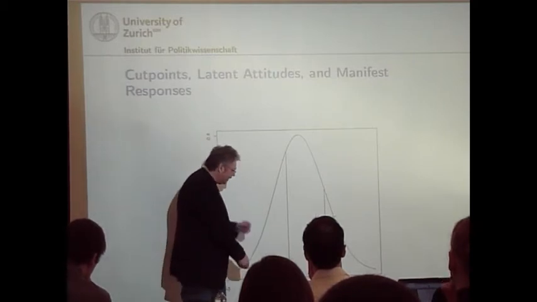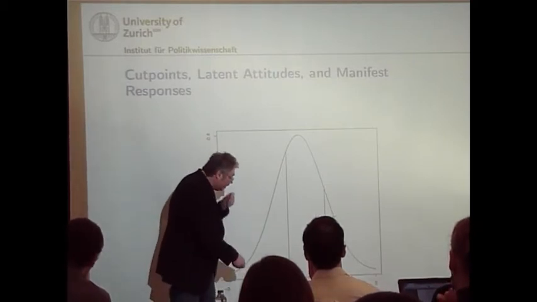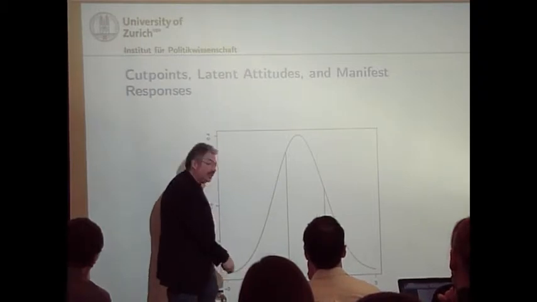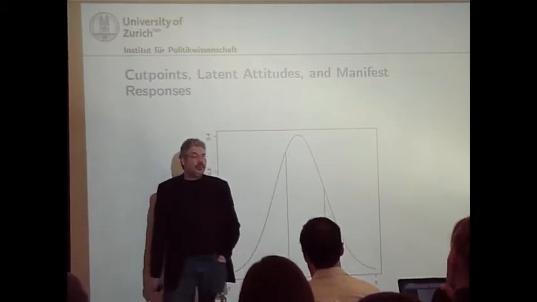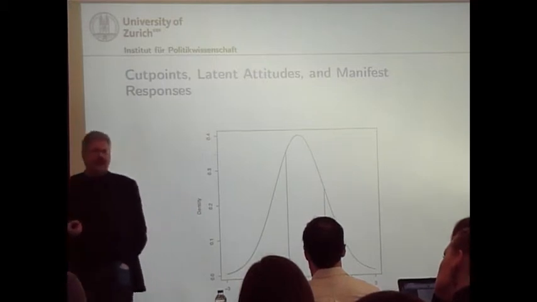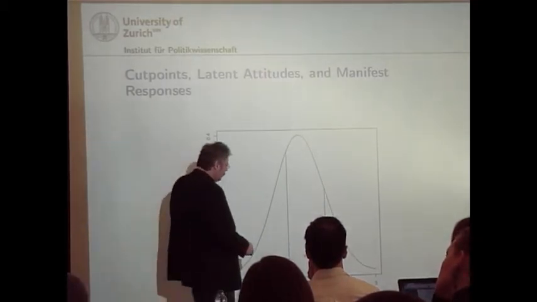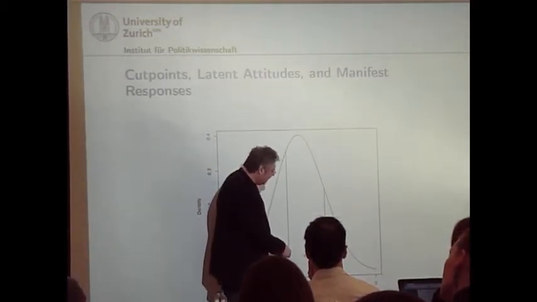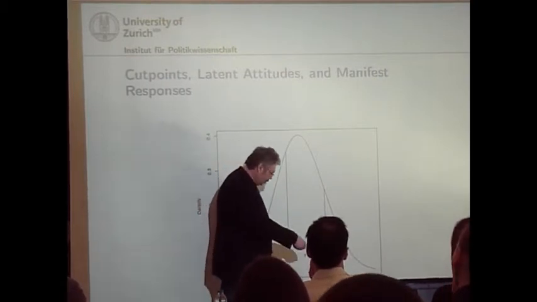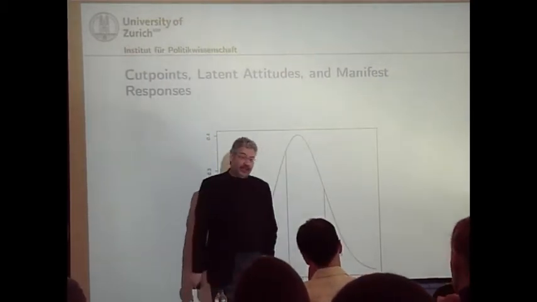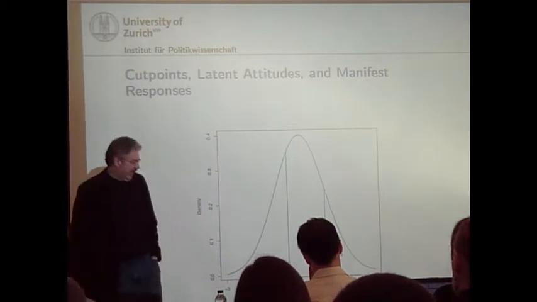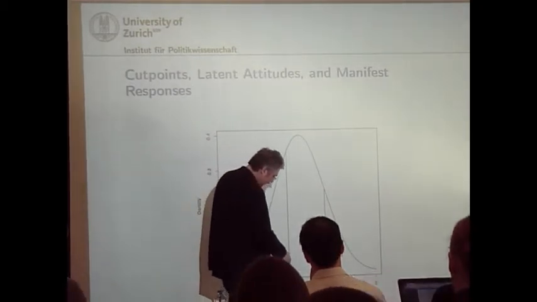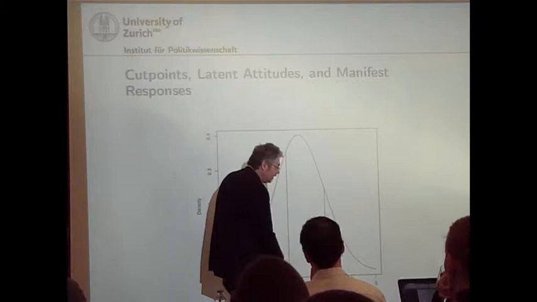That is, of course, equal to y star exceeding kappa 1. Then I ask, what is the probability of the response exceeding 2? That is really being 3 in this case. And that I will say means y star exceeds kappa 2.